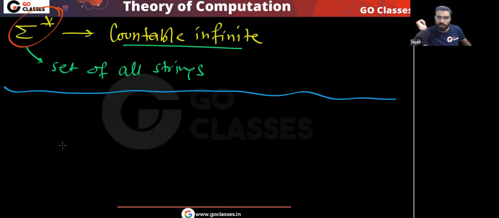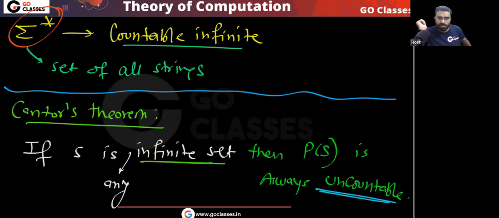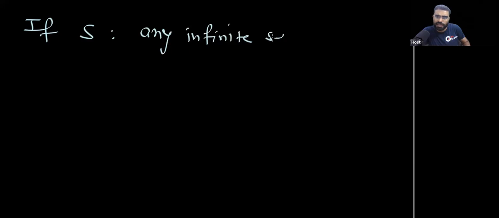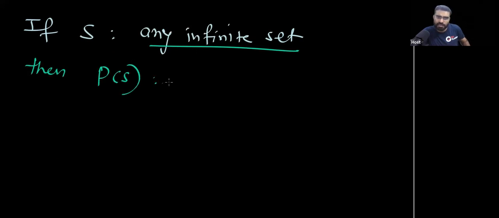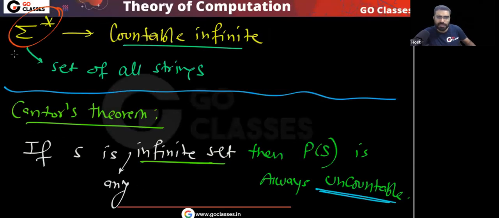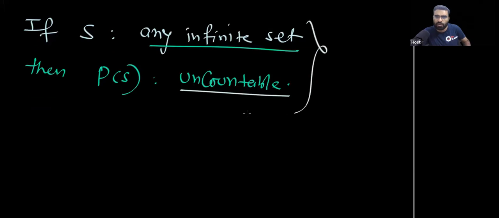It does not matter whether S is countable or uncountable, as long as it is infinite, the power set of S is always uncountable. We have already seen this with proof in Cantor's theorem.